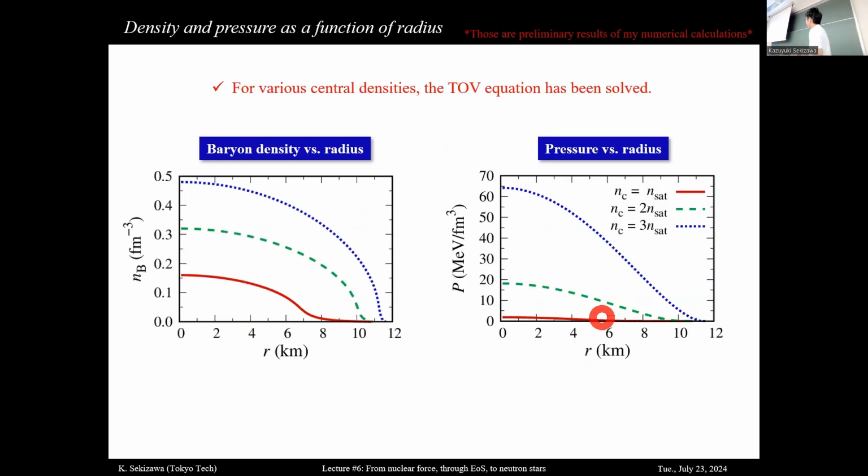By solving the TOV equation as a function of the radial coordinate, we can get this kind of density distribution. This shows the density distribution of the neutron star. Starting from the initial central density, we can solve the TOV equation outward, and depending on the central baryon number density, we have this density distribution, and this shows the pressure.